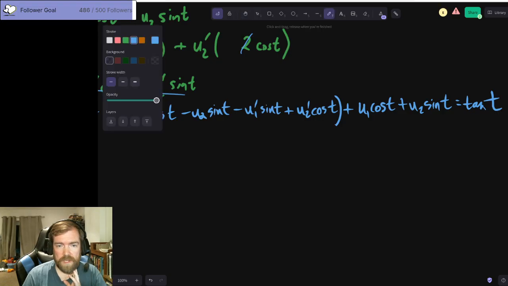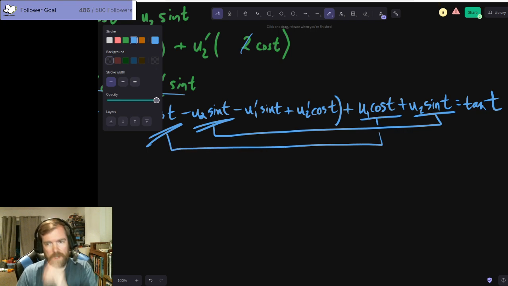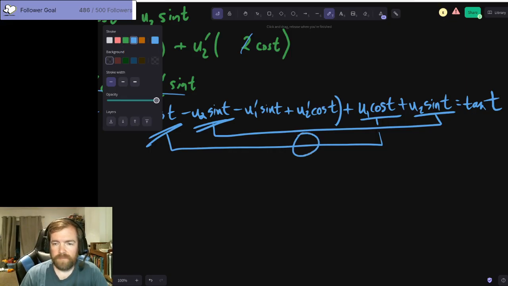And we should notice at this point that our u1 cosine and u2 sine are in both these places here with opposite signs. Strange. I don't think it's strange at all.